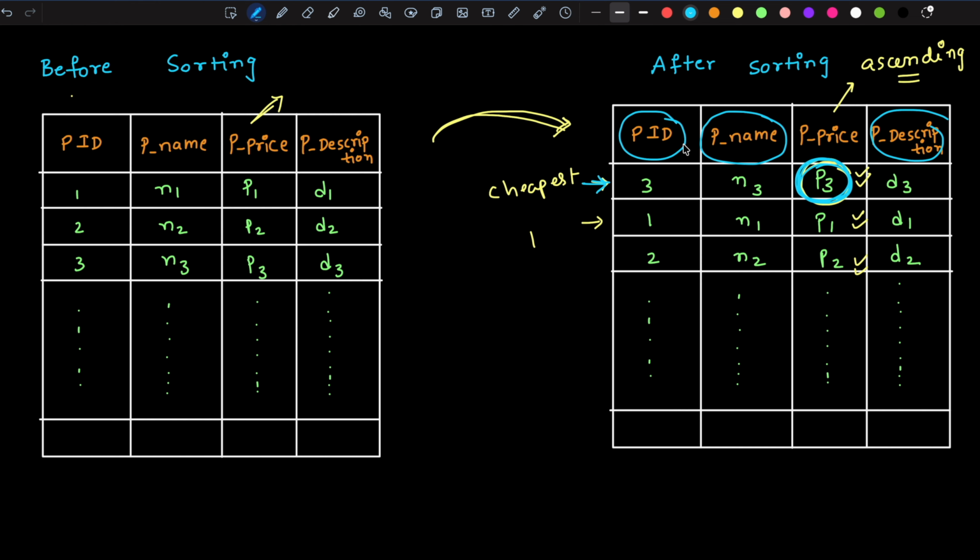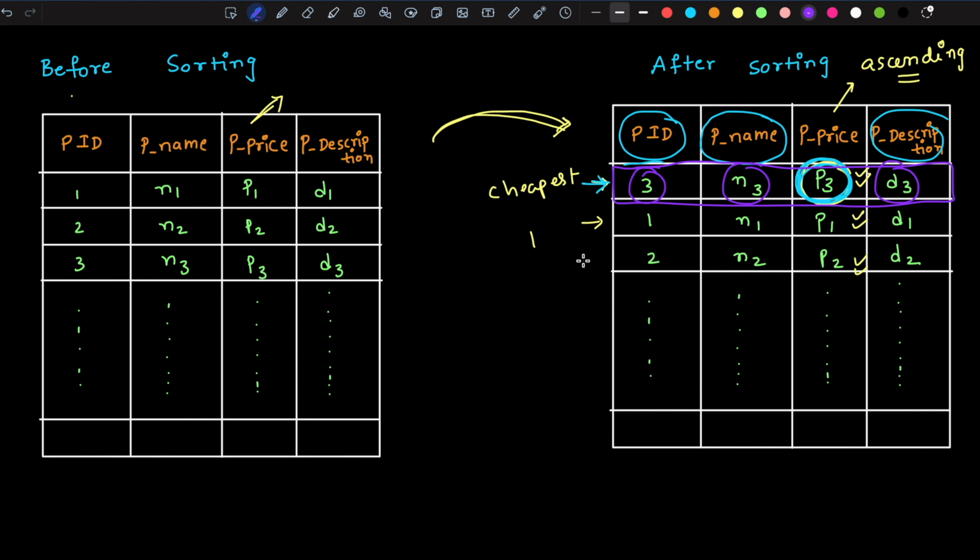So the entire record, the entire information about the particular product, got rearranged. I hope everybody was able to understand by looking at this table. In other words, when a key changes position during sorting, the entire record moves together. So the key along with its satellite data, this is my satellite data, moves together.